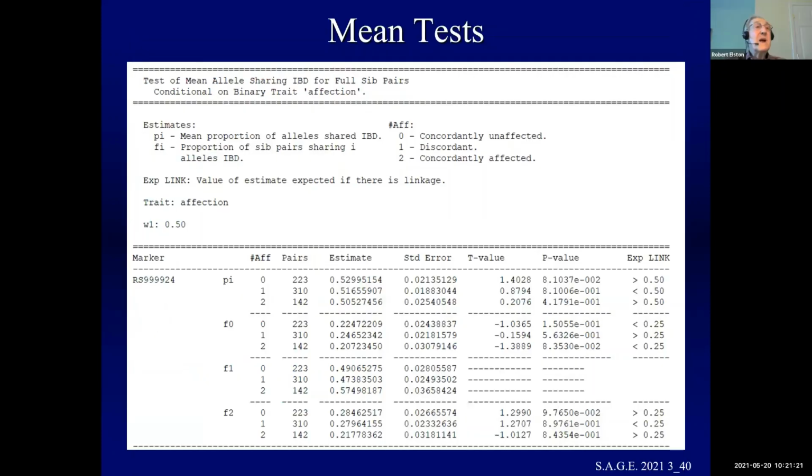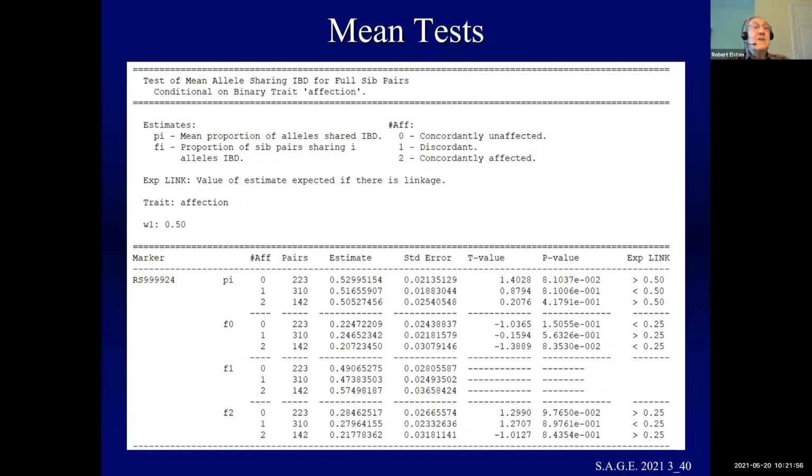At the top you have the mean allele sharing IBD for full sib pairs conditional on a binary trait, affected, and you see what the various things are. Pi is the mean proportion of alleles shared identical by descent. F sub i is the proportion of sib pairs sharing i alleles identical by descent.